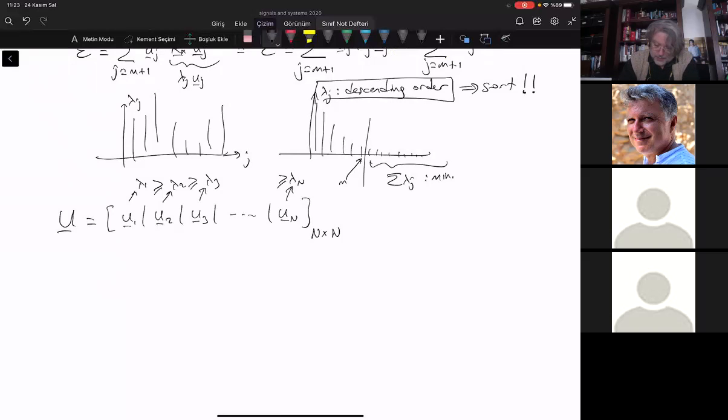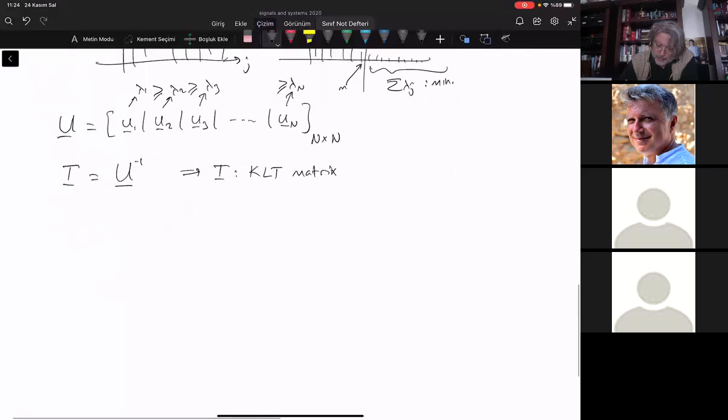The transform that we have is essentially the inverse of it, the inverse of the basis representation. U is the basis, T is the transform. T is the KLT matrix.